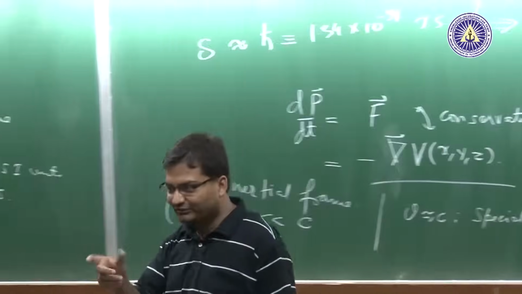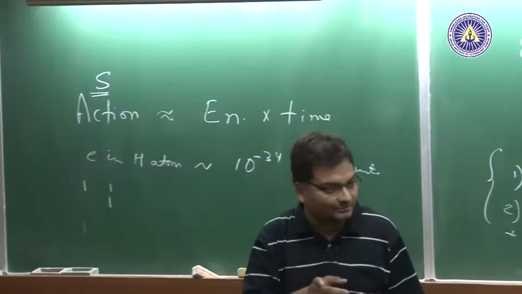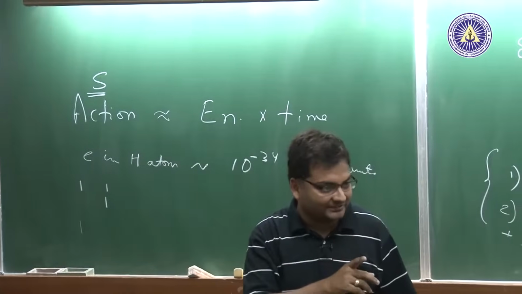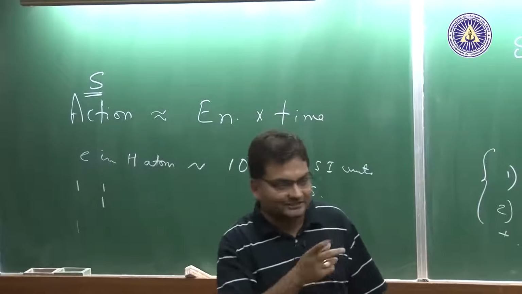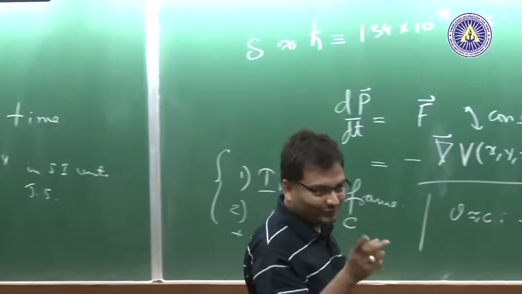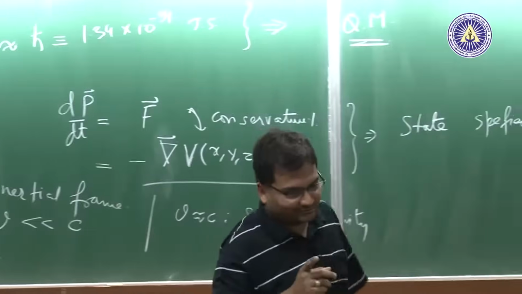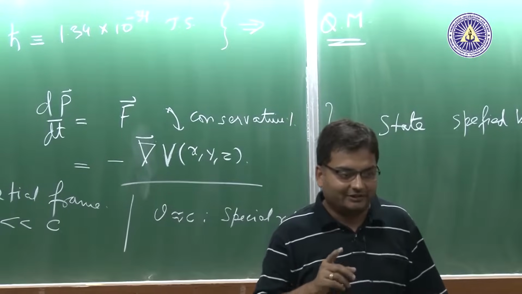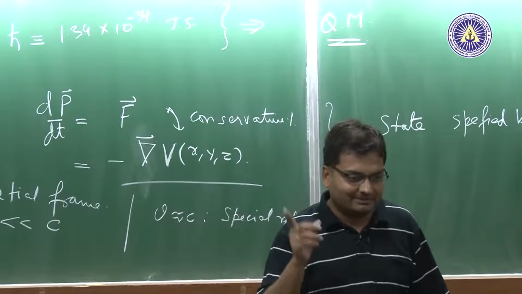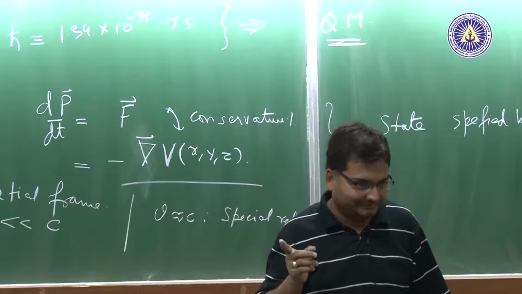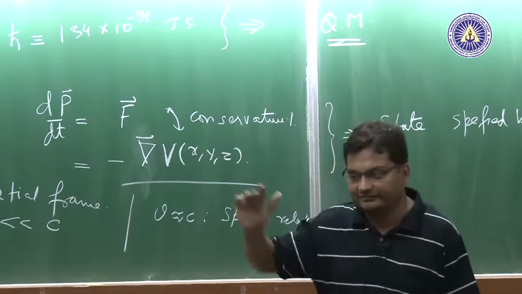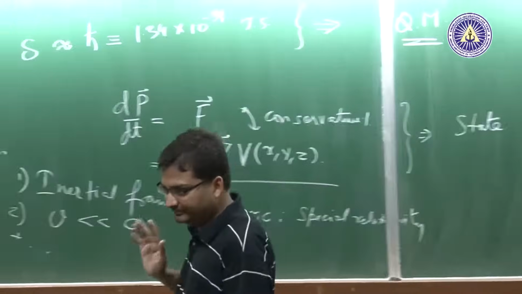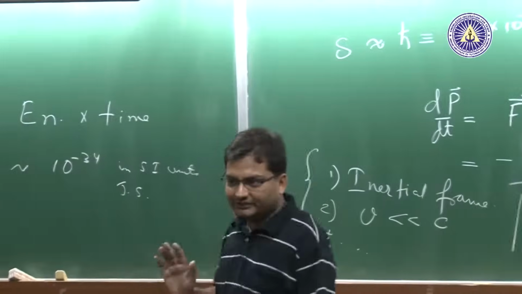If that time scale, even in an RC circuit, happens to be of the order of action, then all your classical laws will not work. You have to do a quantum mechanical theory of the RC circuit also. So the charge which is flowing, for example, you have to write in quantized variables. And there is a well defined way of doing quantum mechanics of that also. So is this absolutely clear?